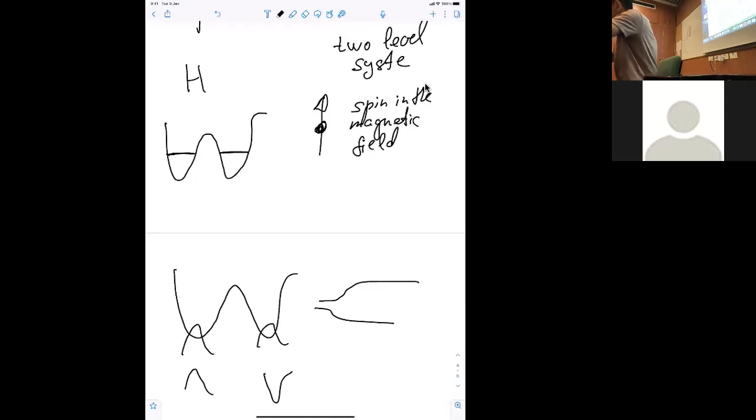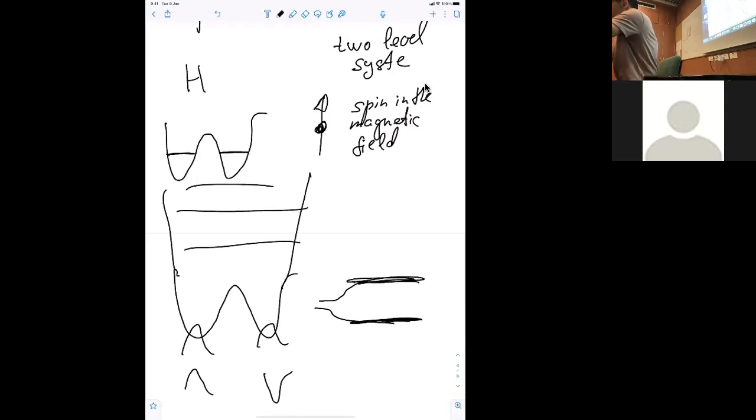But essentially, what is left over in the low energy description of the system is an effective two-level system where we can ignore all the high energy states and only focus on a reduced Hilbert space where two levels have approximately the same energy. So these are model two-level systems.